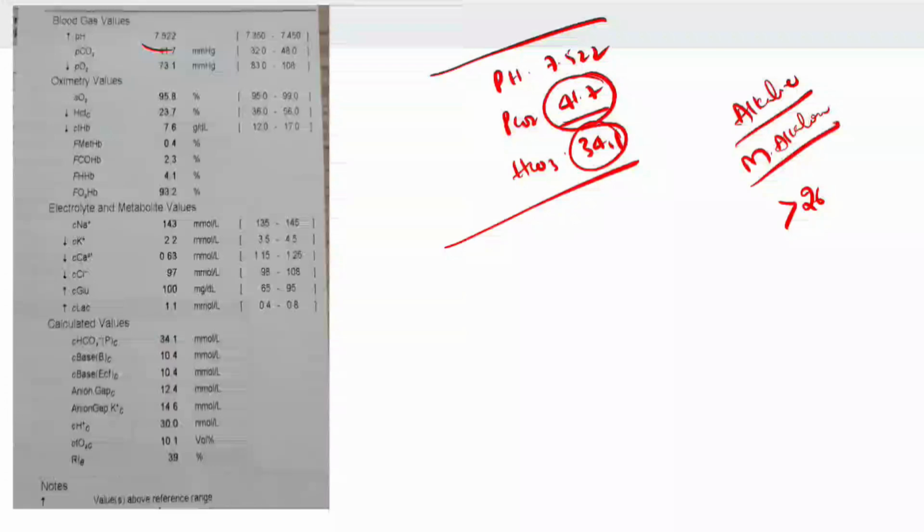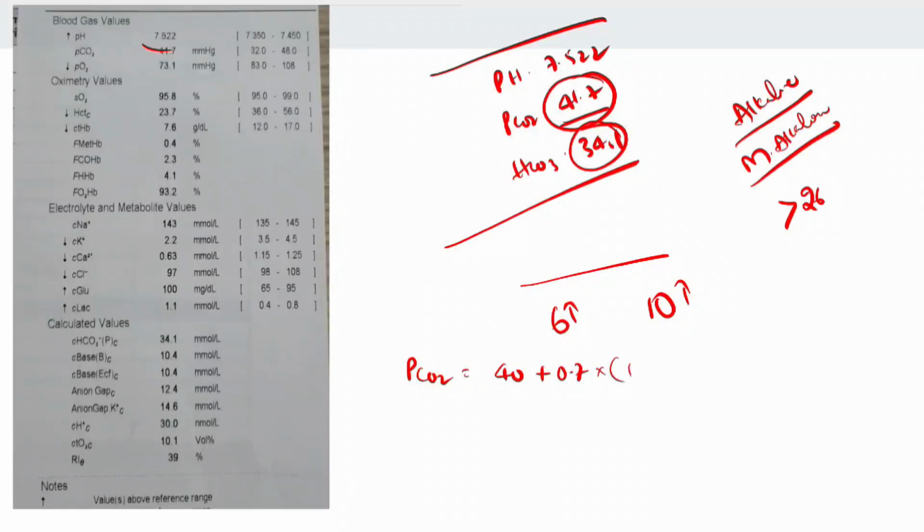So let's find out whether it is compensated or not. The formula for compensation in metabolic alkalosis is expected PCO2 equals 40 plus 0.7 times (HCO3 minus 24), plus or minus 5.